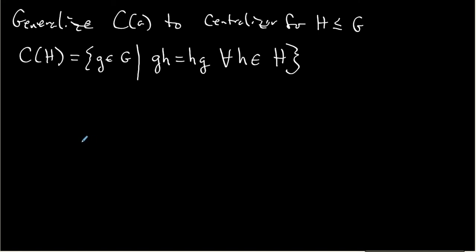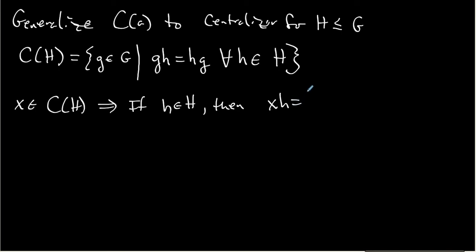And so basically saying that x belongs to the centralizer of H says if I pick any element of the subgroup H, then we know xh and hx are exactly the same thing.